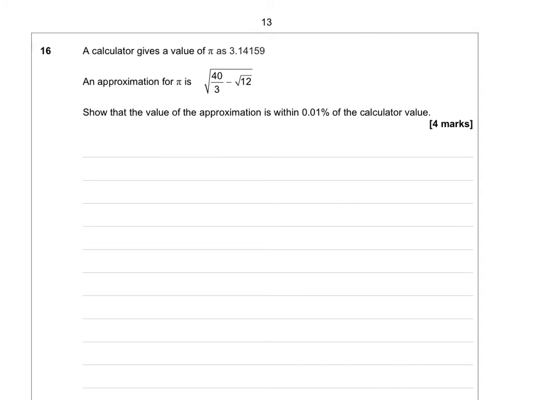Question 16. A calculator gives a value of pi as 3.14159. An approximation for pi is this number here. Show that the value of the approximation is within 0.01% of the calculator value.